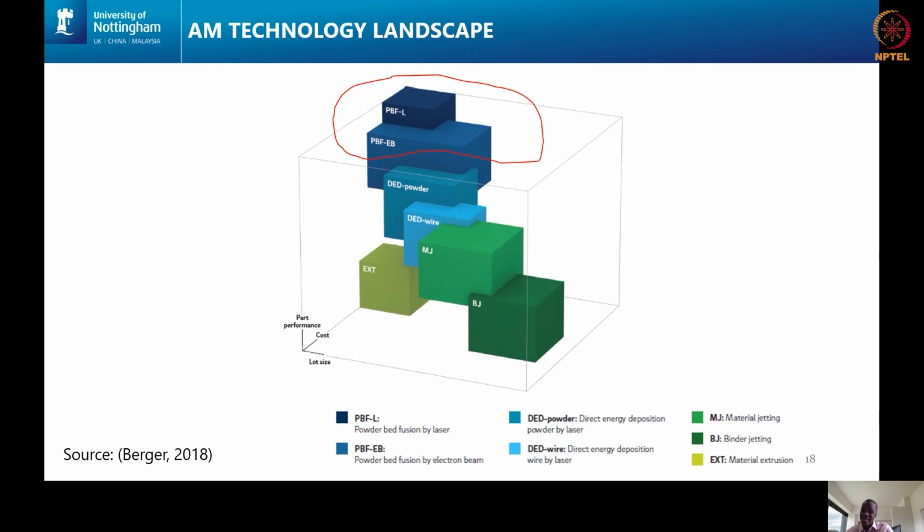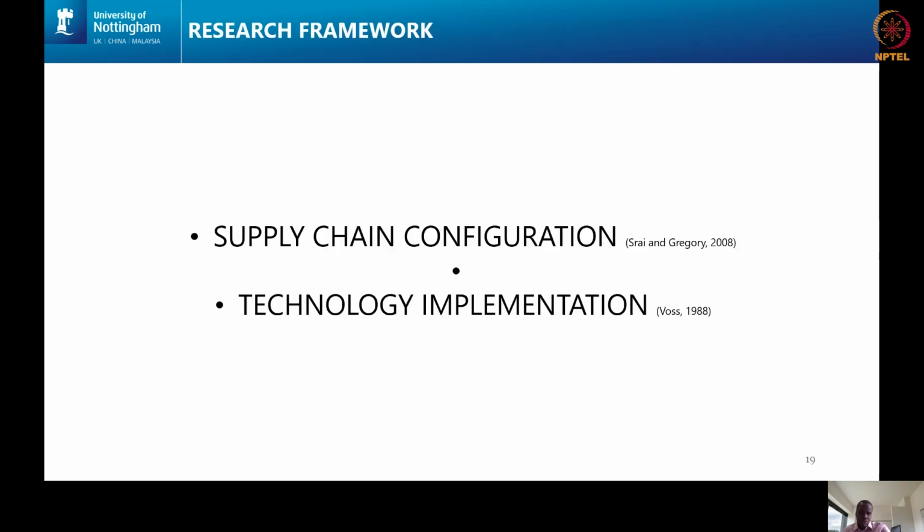These are the technologies that are dominating that space. So as a result, we decided to focus on these technologies in our study to understand the impact on supply chain configurations.